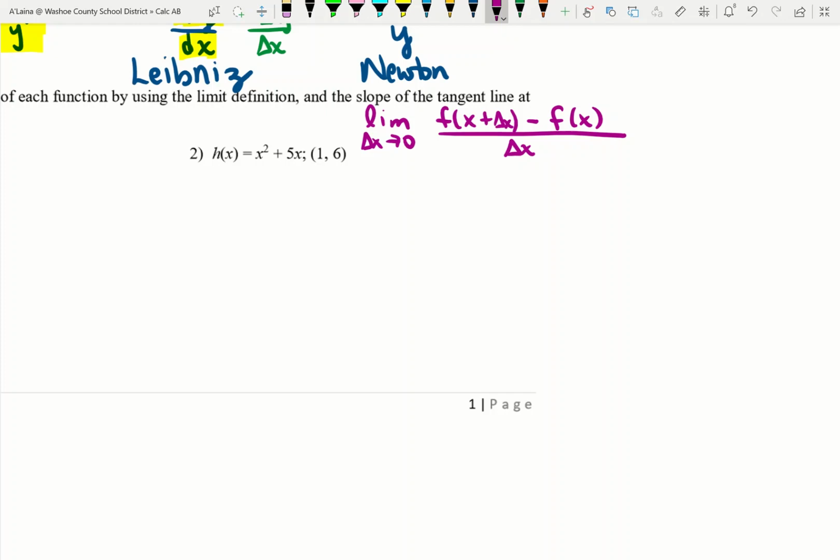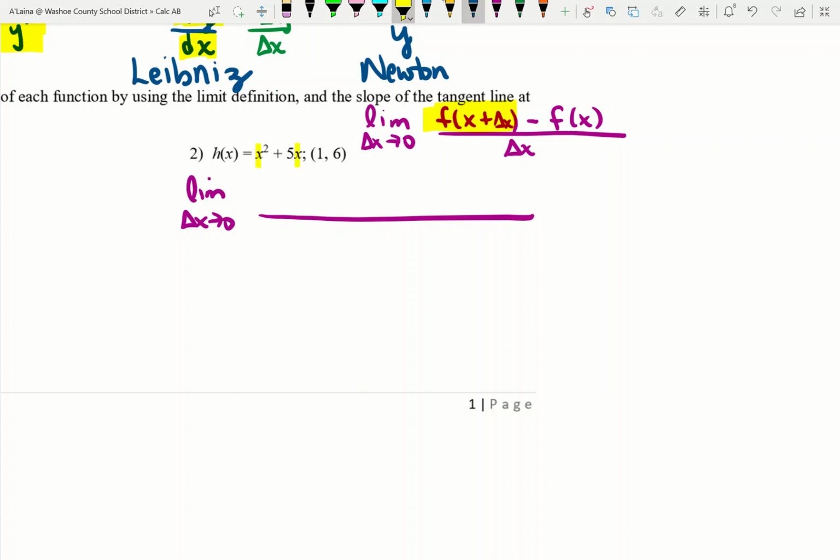Okay? All right, so I'm going to now customize this limit for our function. So the limit as delta x approaches 0, and I want to start with this, f of x plus delta x, or f of x plus h if we were using a different symbol. Basically, what I want to do is go to my function and replace my input x with x plus delta x.